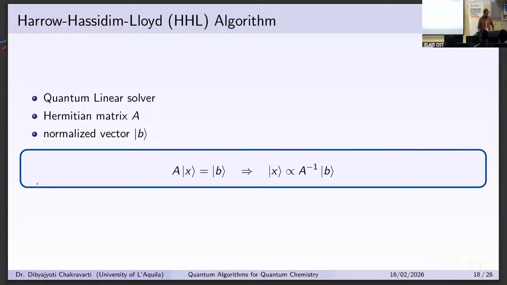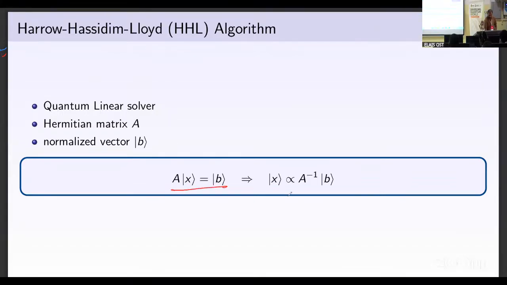And so what HHL exactly does is it solves any equation of the form Ax equal to b. It does so by inverting the matrix A, and it applies the inverse on the state b, and we get our solution. So this is our solution x.